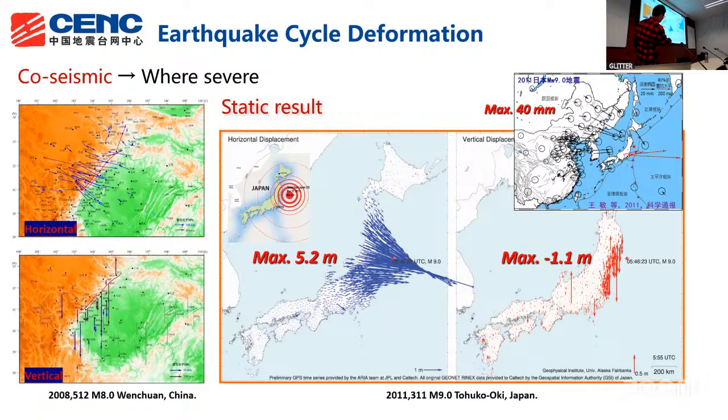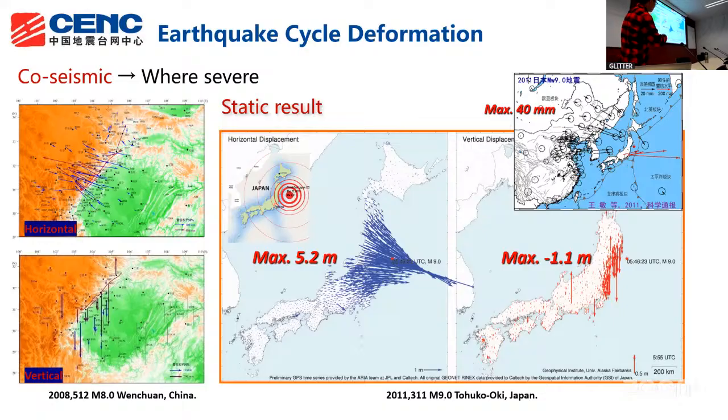The biggest displacement is 5.2 meters, with 1.1 meters of subsidence. This also means that around the coastline of East Japan, under the sea, the ground moved. And this earthquake also produced, in northeast China, a maximum displacement of about 40 millimeters. So this earthquake was very, very big.